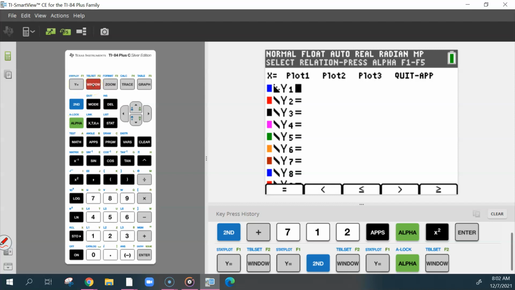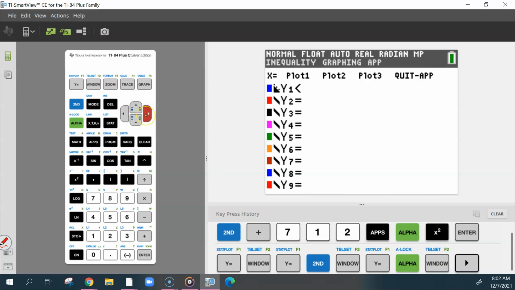If I had read it, I would have got that. Alpha and then window, or alpha and then whatever symbol you need. It will change this to an inequality. It will also change this part to show you that it's going to be shading below and that it's a dashed line. And then you can put in your inequality after that.